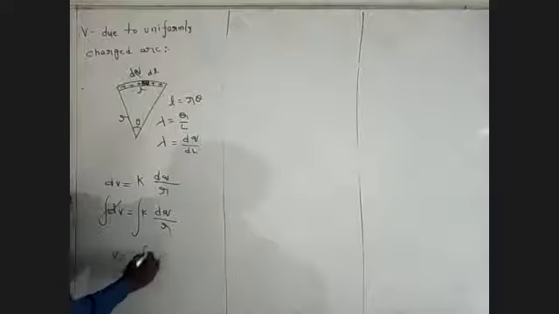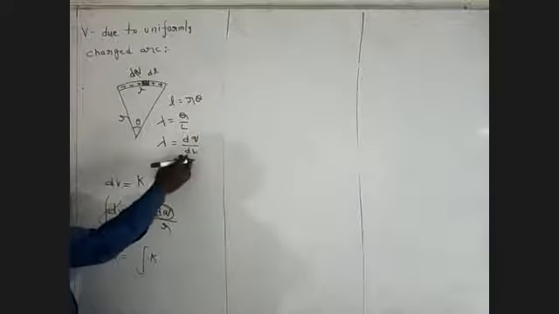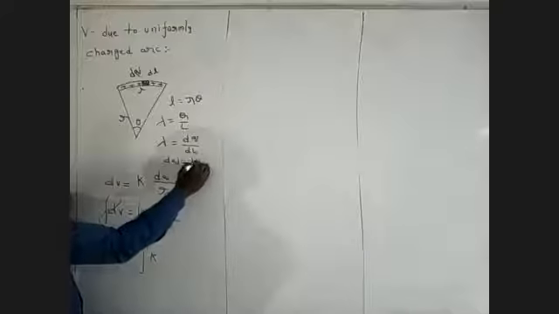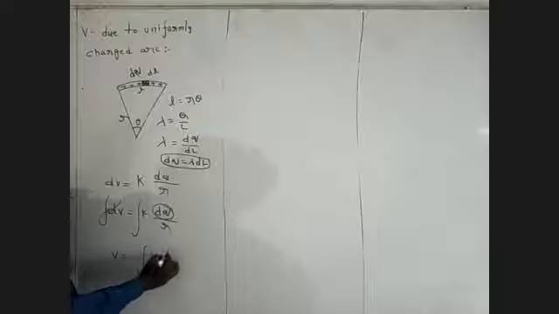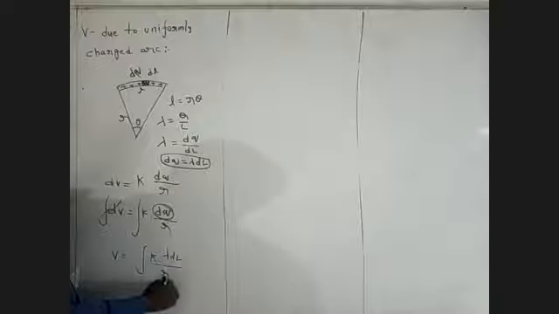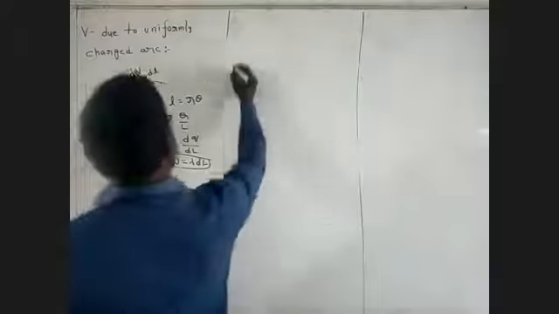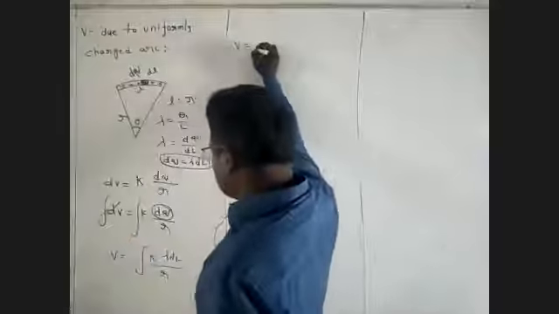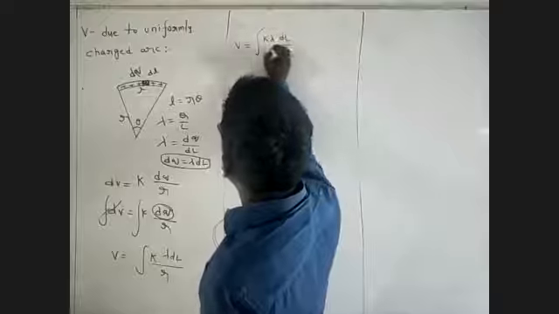V is equal to the integral of k dq. What is dq from this equation? dq is equal to lambda dl, so dq by r is lambda dl by r. Next, V is equal to the integral of k lambda dl by r.